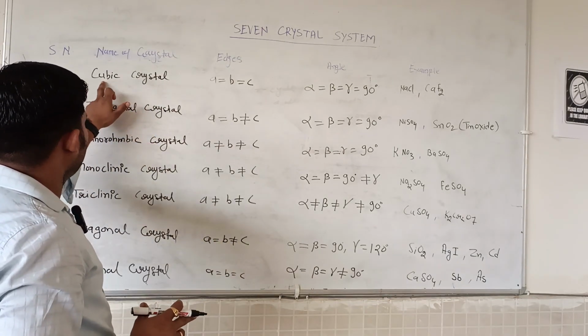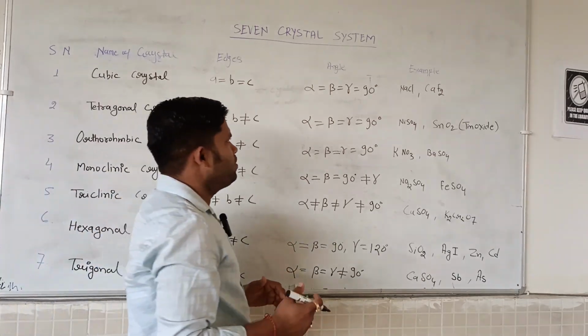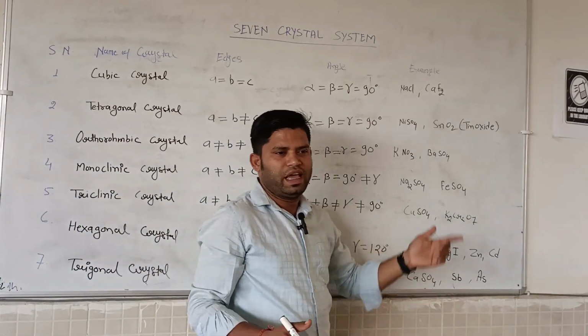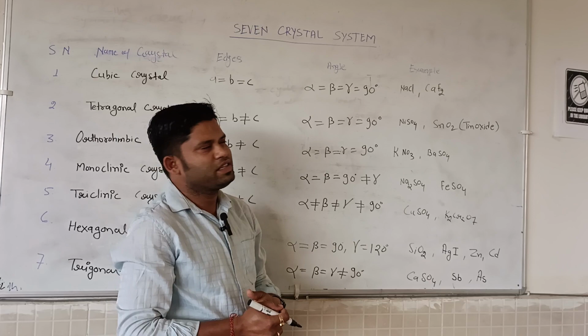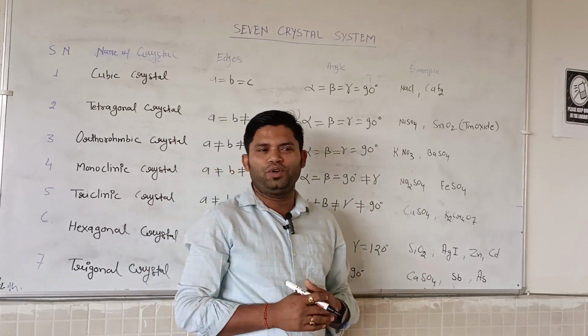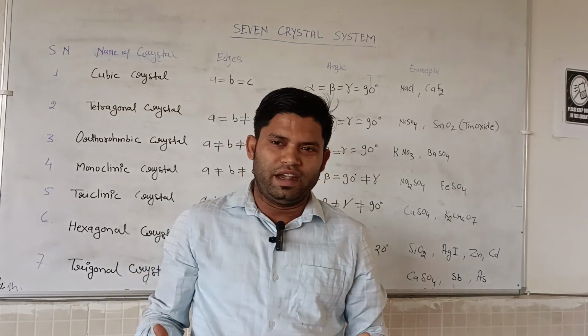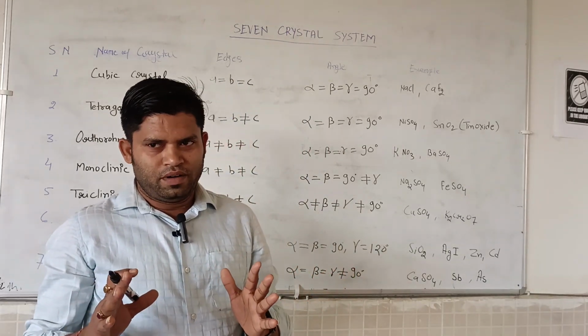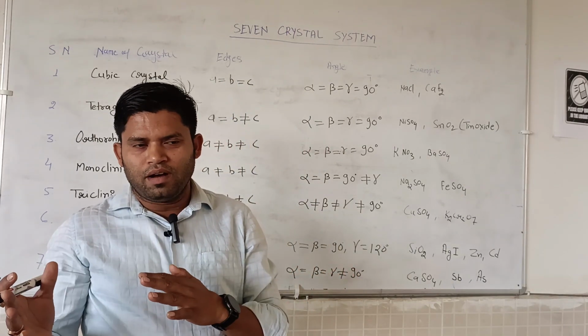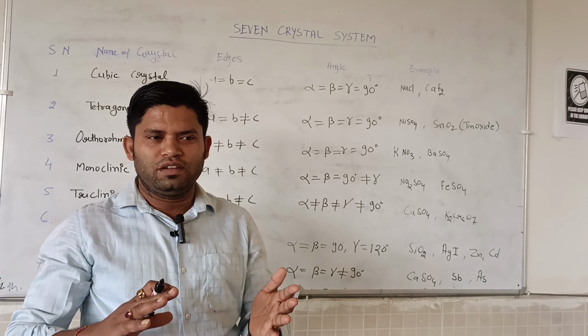Cubic crystal, we see very famous examples: NaCl, salt, and CaF2. Remember? What is the example of cubic crystal?